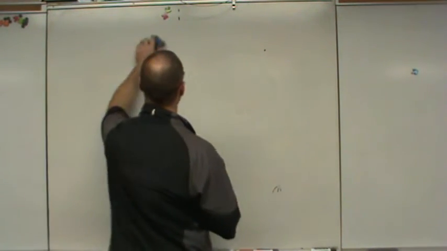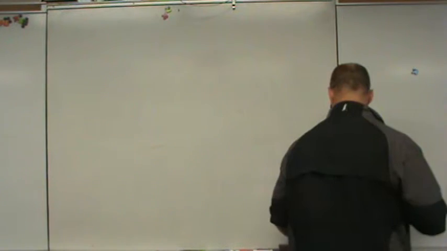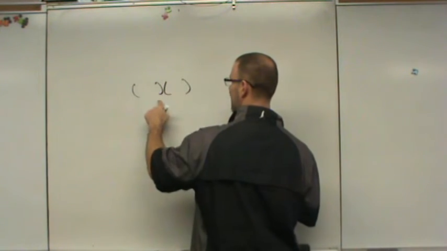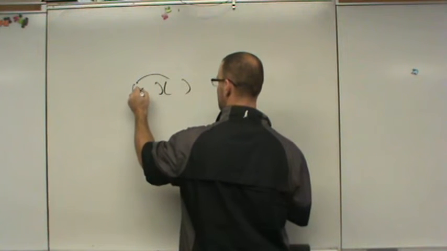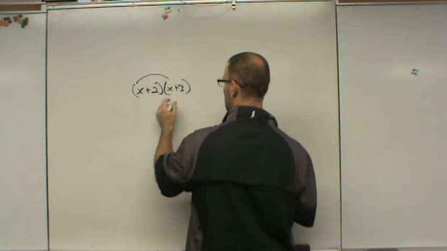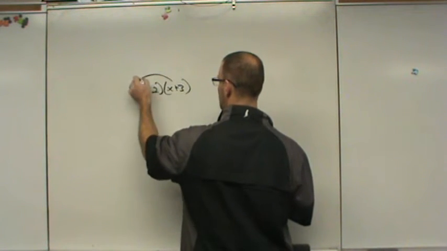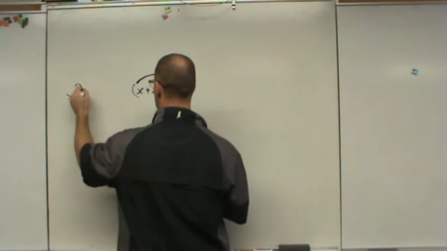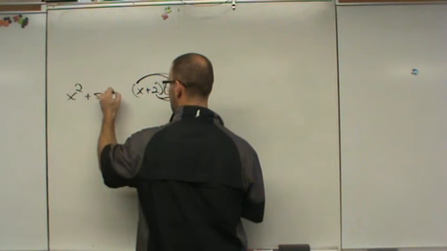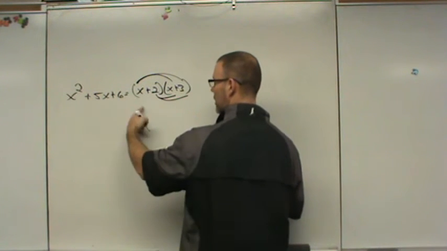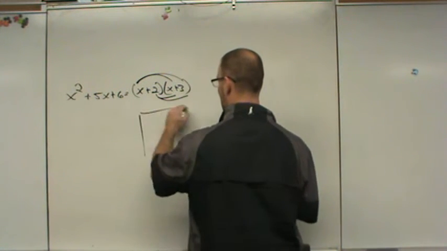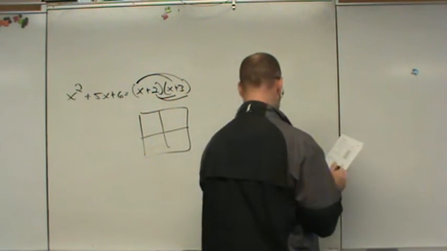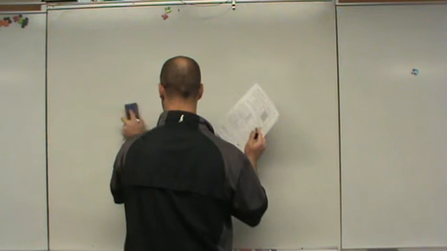Do these given factors, when you multiply them, first, outer, inner, last, are they equivalent to x squared plus 5x plus 6? Are these equivalent? That's all they're asking. Multiply this way or multiply using the box method. Doesn't matter.